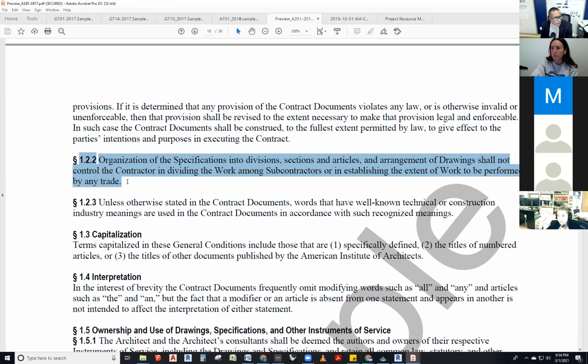So then we go to section 1.2.2: organization of the specifications into divisions, sections, and articles, and arrangement of drawings, shall not control the contractor in dividing the work among subcontractors or in establishing the extent of work to be performed by any trade. Turns out that contractors will just grab the door schedule, hand it out to a door manufacturing company, and start making all of their doors.